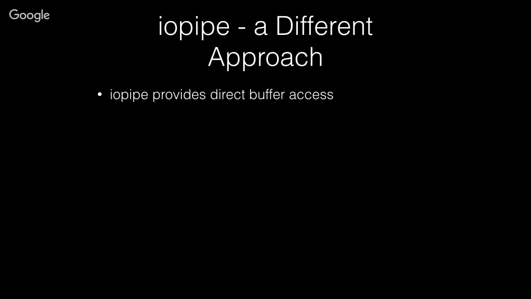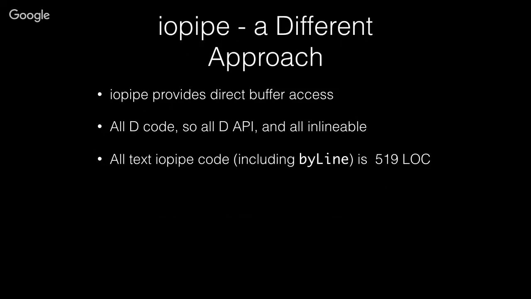It manages the buffer, so you don't specify the buffer. You tell it how to manage the buffer, and it takes care of everything for you. It's all decoded. So the API is inlineable. Everything is basically templates and can be inlined by the compiler to compile the best way possible.